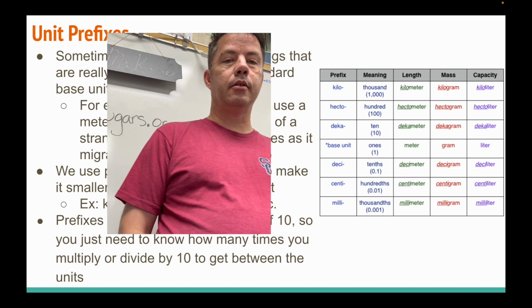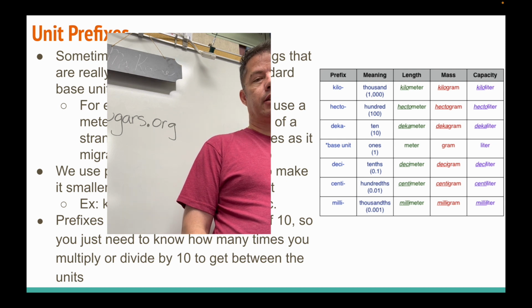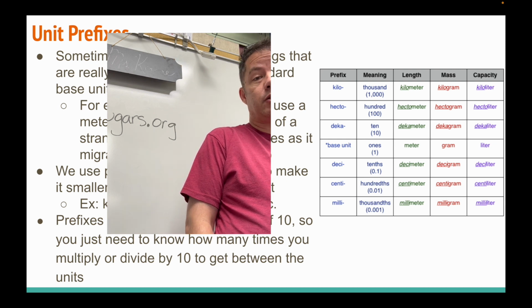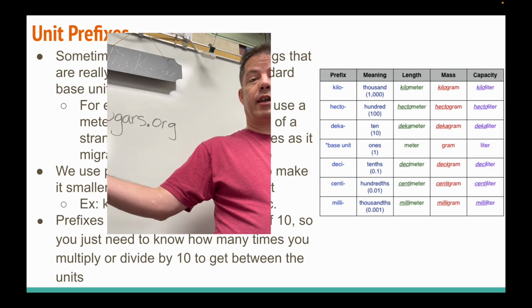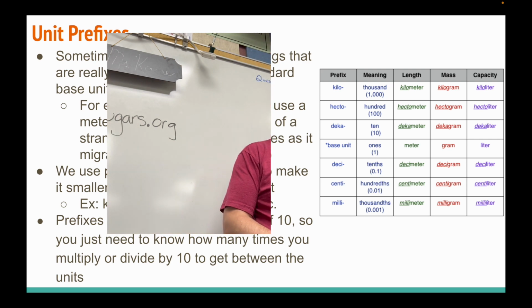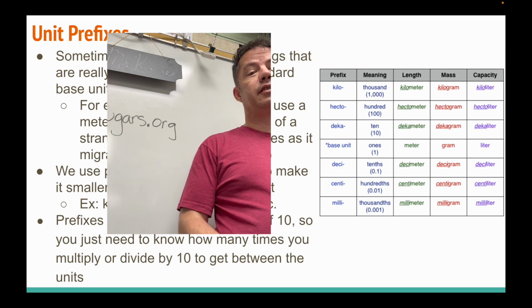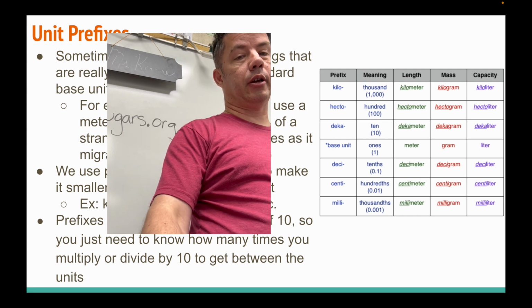Deca means 10. Base unit is like in terms of ones, but it's really like a meter. Meter is the base unit, so a meter is a meter. It's about that long. If we have a kilometer, that means we have 1,000 meters. Deci means a tenth. Centi means 100th. And milli means thousandths place.